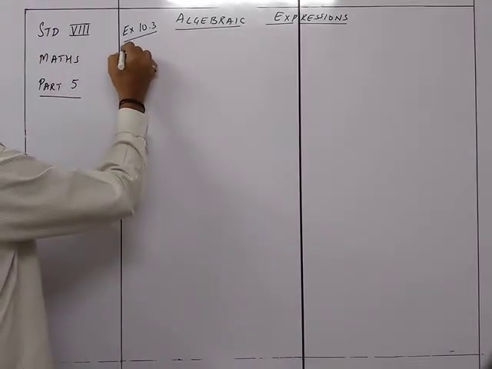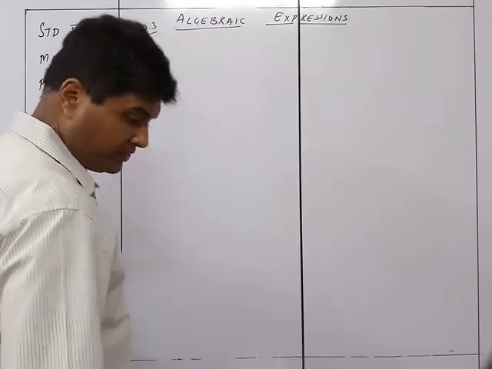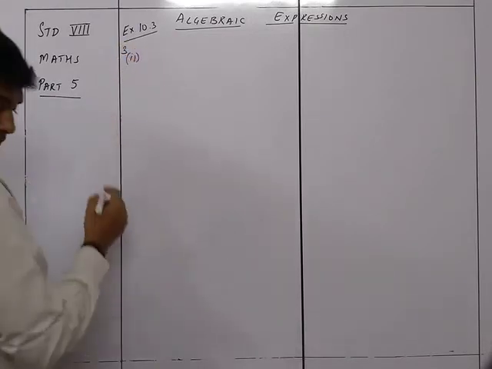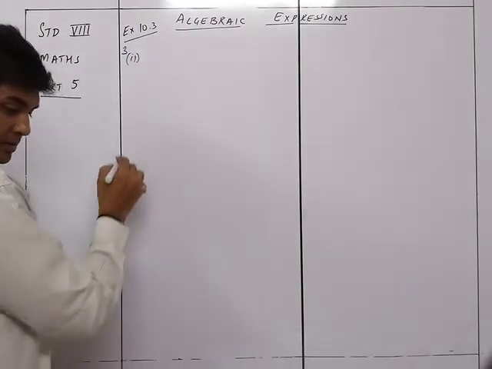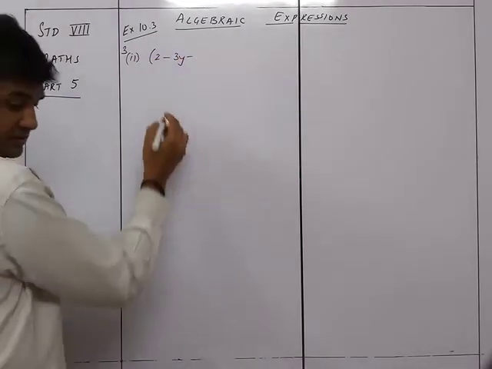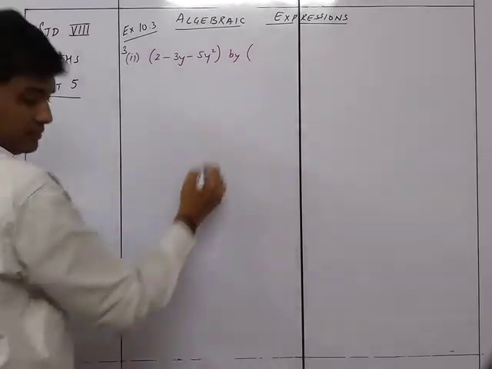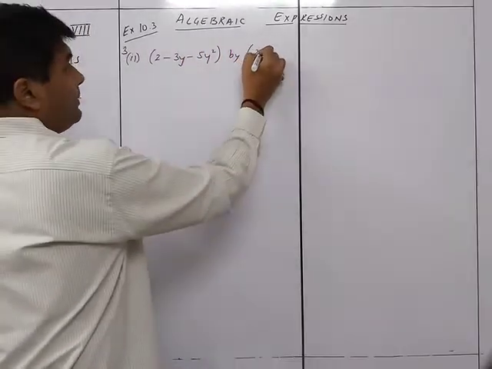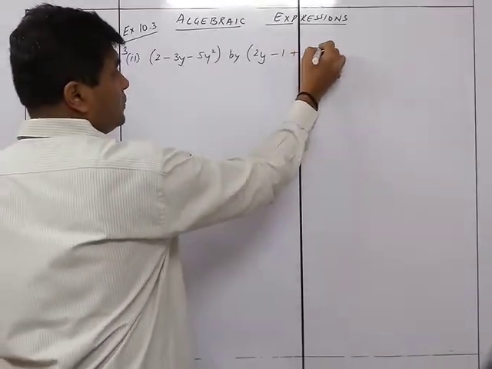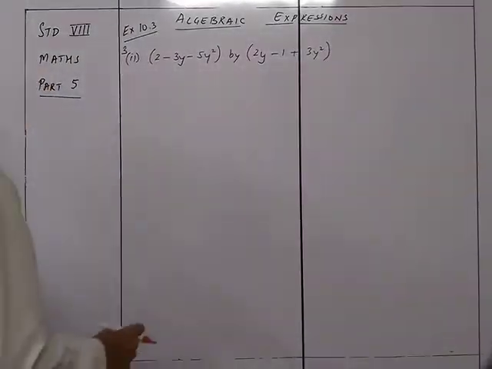Trinomial with a trinomial, so it is sum number 3, sorry, sum number 3 ka second. 2 minus 3y minus 5y square by 2y minus 1 plus 3y square. We'll split any one of them.